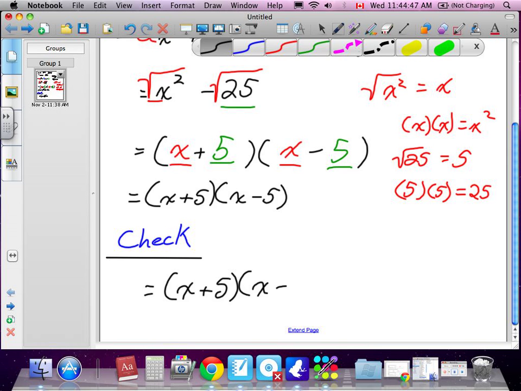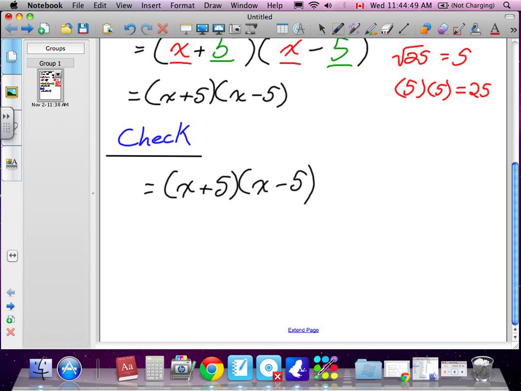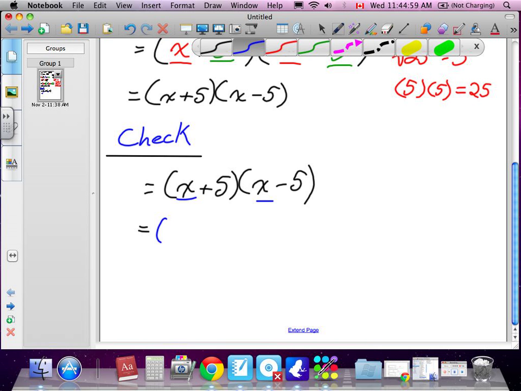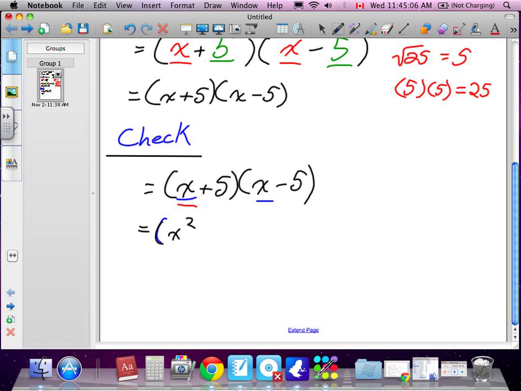Okay. I'm going to multiply the first terms. What is x times x? That's right, we're going to end up with x squared. Then I'm going to do the outside terms, x times negative 5, what does that give us? Negative 5x. Then we'll do the inside terms, positive 5 times x, positive 5x.